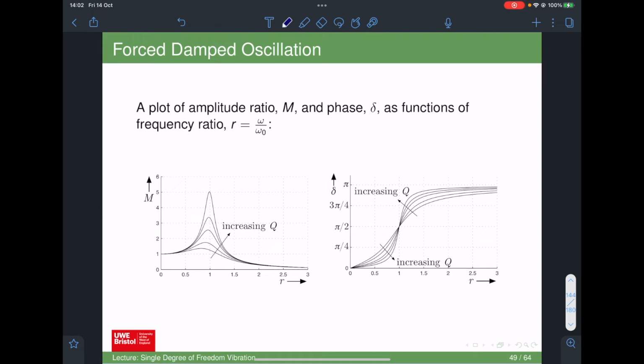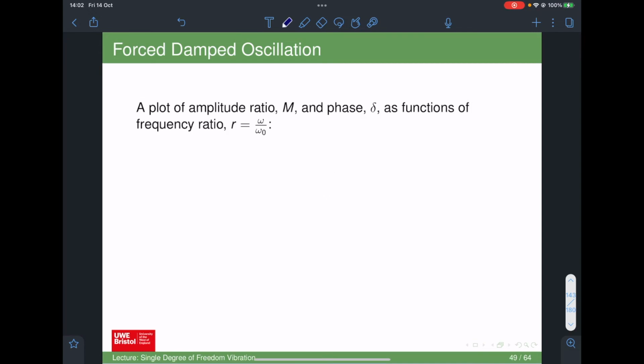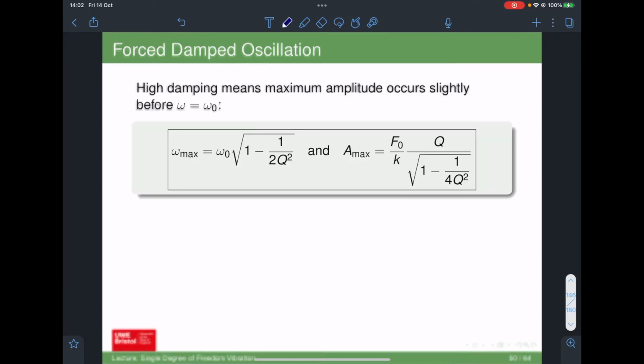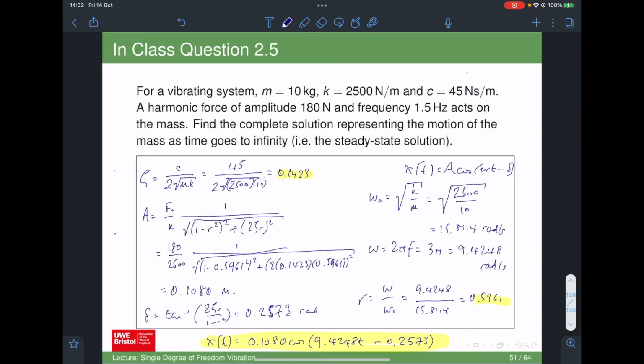But with this equation, if R is greater than 1, so if you're driving the system at a higher speed than the natural frequency, then what's inside here becomes negative. When you take the tangent of that number, you get a negative value, which is outside of the range that delta can be.